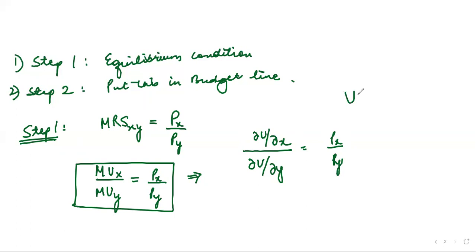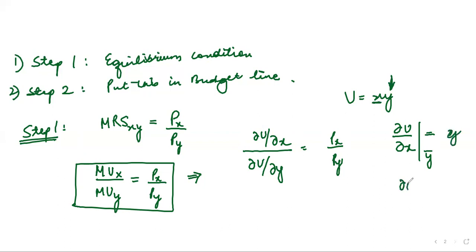My utility function was XY. So when I differentiate my utility function with respect to good X, I hold Y constant. So this is constant. A constant times a variable, differentiation will give me just that constant.